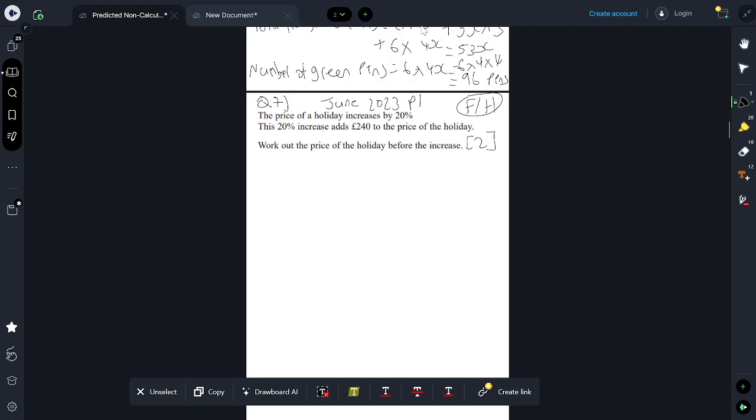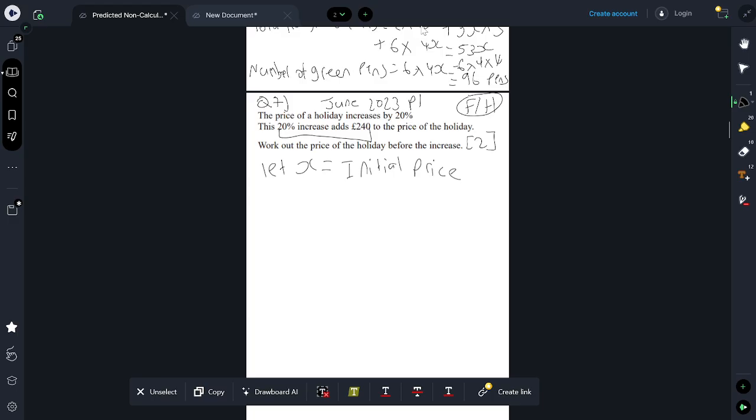So we do not know this price, and we're increasing it by something. So I think the best way to tackle this, if you're unsure, is just let x be the initial price before we apply a percentage. Okay, so it's telling us the price increased by 20%, and the 20% increase adds 240.